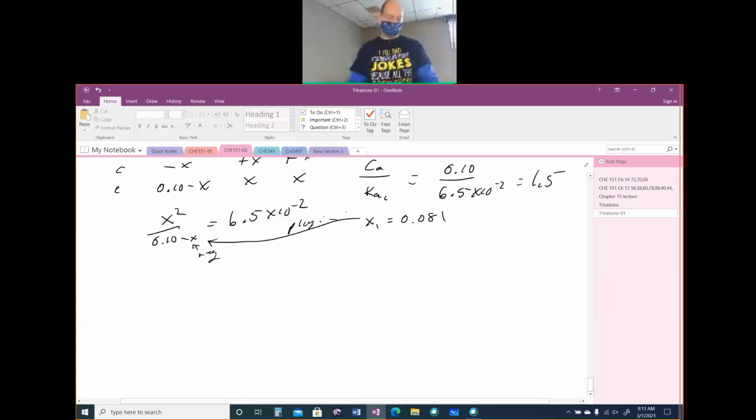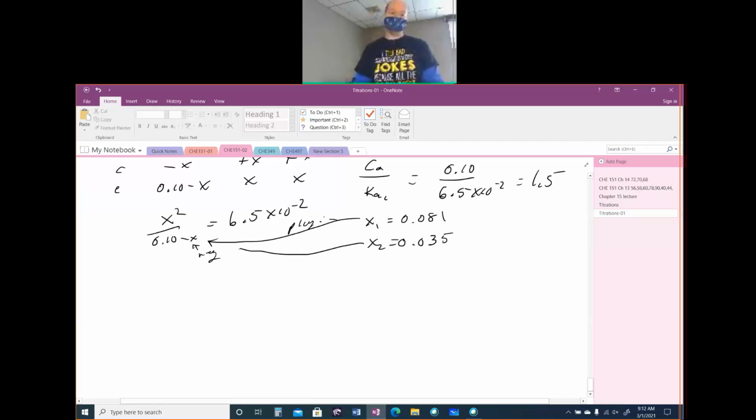I plug that in. So I have my 0.1 minus that answer, times 6.5 times 10 to the negative 2. I get that answer, then I take the square root of that. As high as it can be is 0.081. As low as it can be is 0.035. So we see that those are big differences.